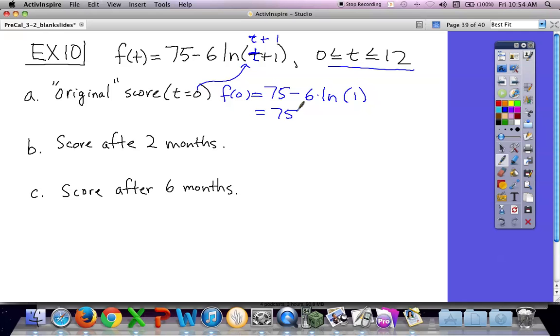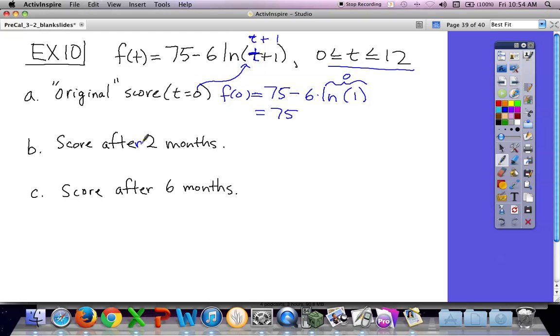So the 75 represents the initial score. 6 times 0 is 0. Right? ln of 1 is 0.